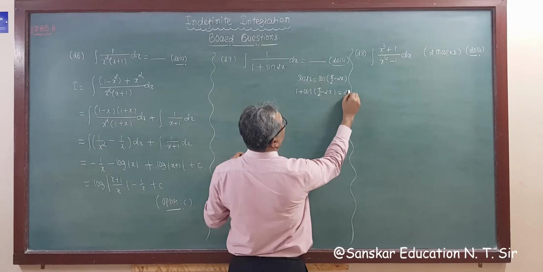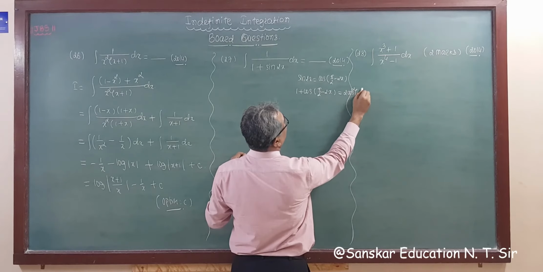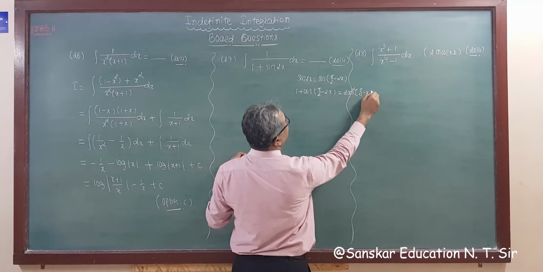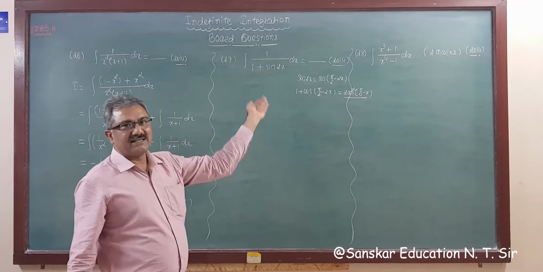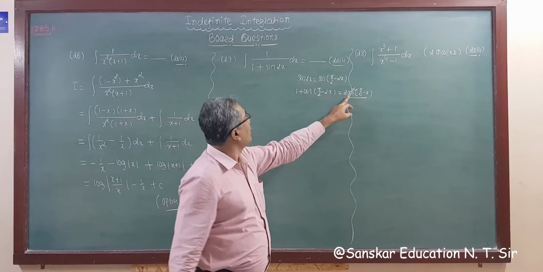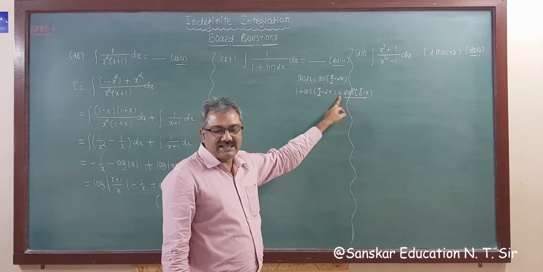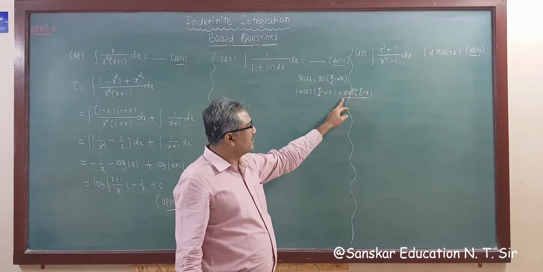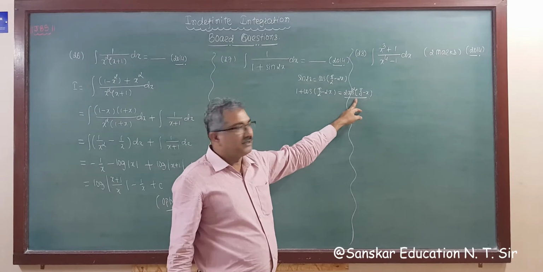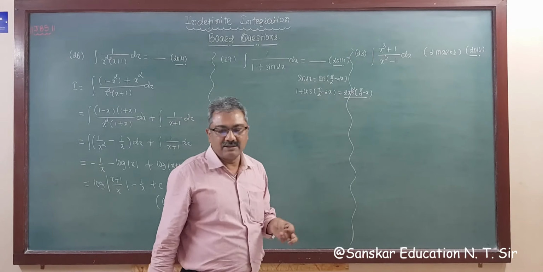So your answer will be 2 cos square (pi/4 minus x), that is 1 upon cos square, that is sec square, sec square is tan x minus 1. So your proper answer for question number 26 will be C. This is given in sec square, that is tan x minus 1, right, and you will get your answer easily.